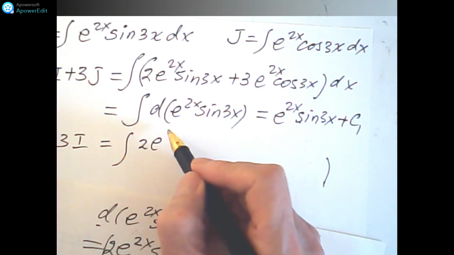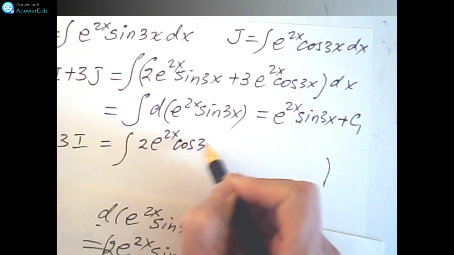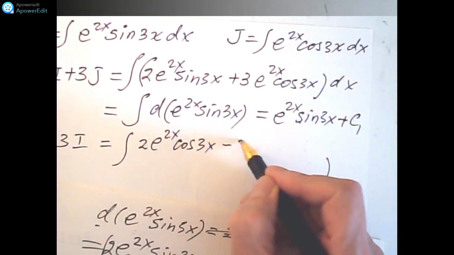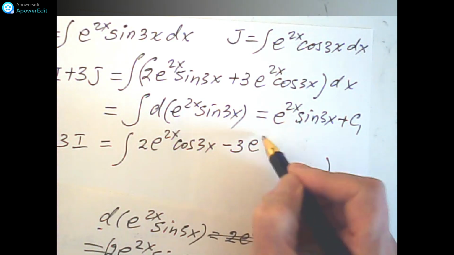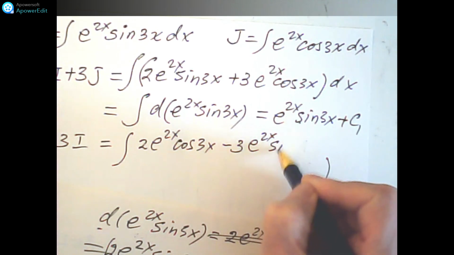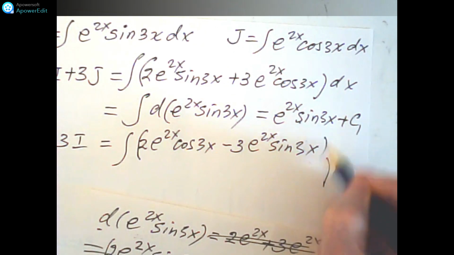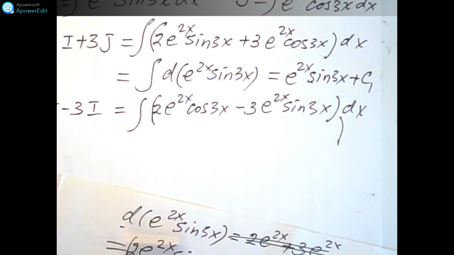That's 2J minus 3I, the integral of the expression, right?